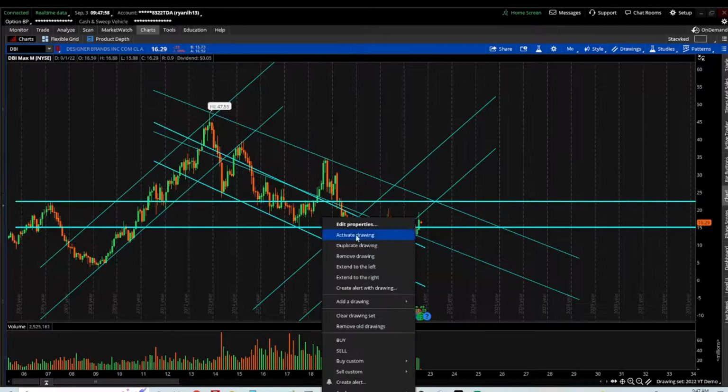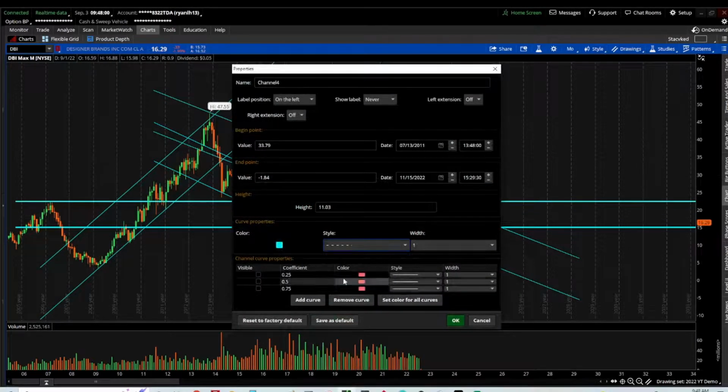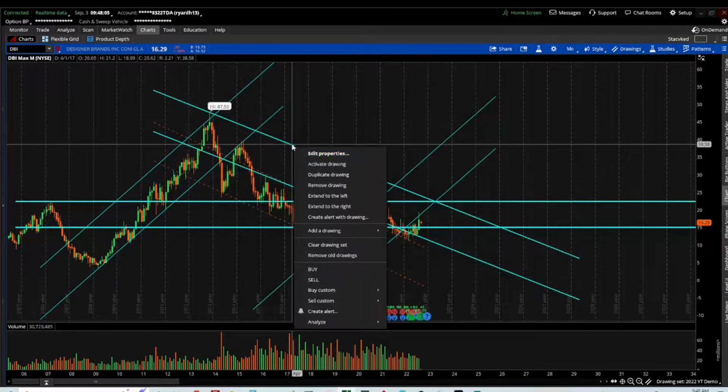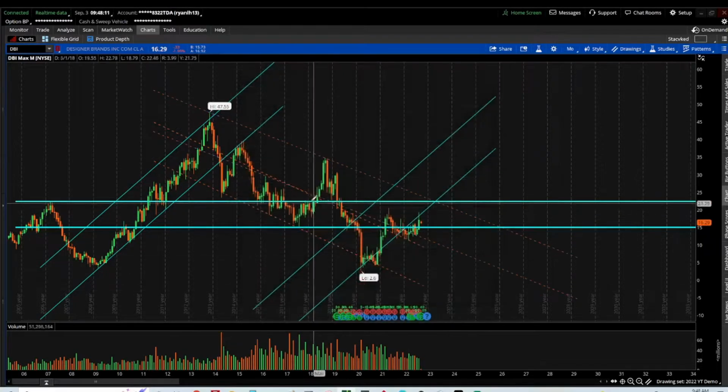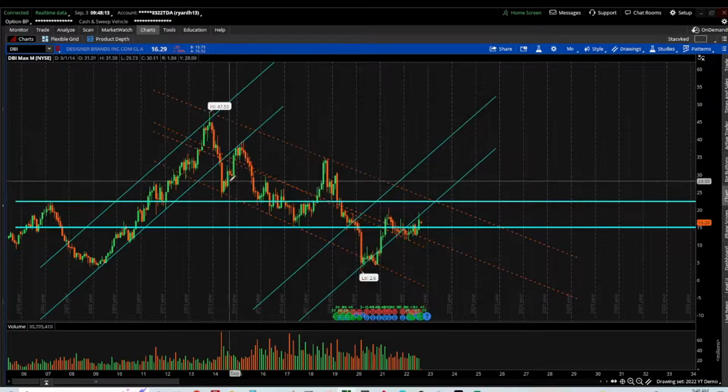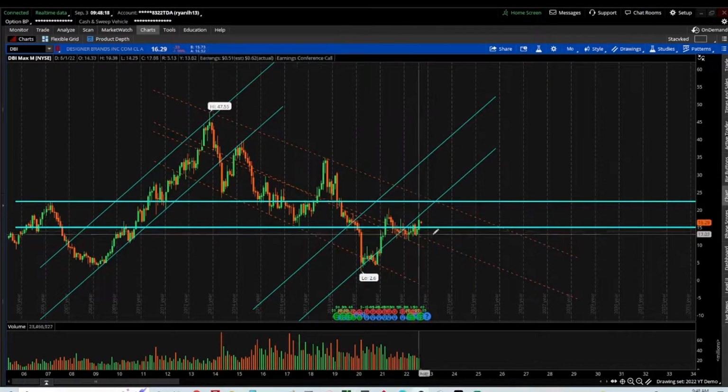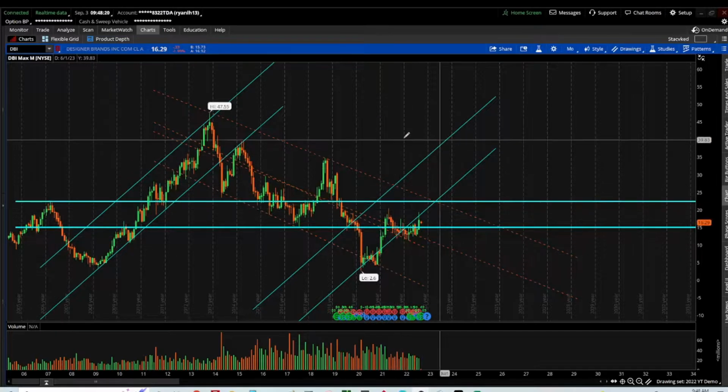Let's change these really quickly so we can see. I like to make my downtrends orange and dotted. Okay, so we can see it's a downward channel here, and we can see that this is starting to come up, so that is good.